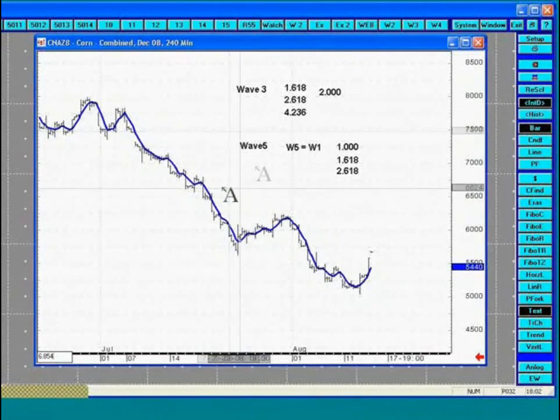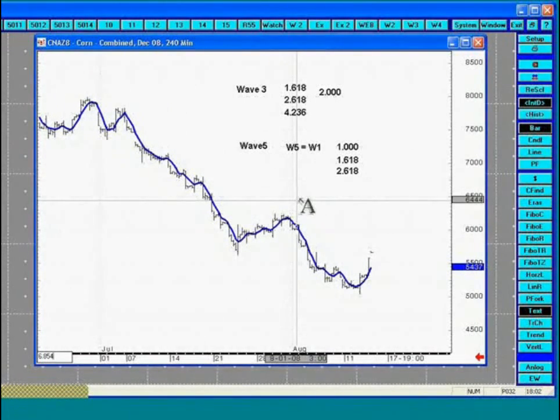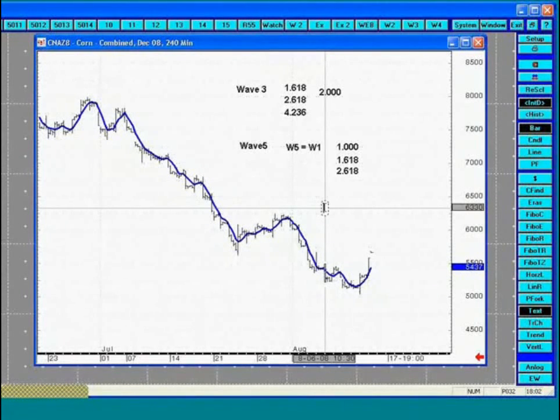But we also utilize waves 1 through 3 on occasion to identify fifth waves, especially when the fifth wave is extended, and that is often the case in commodities. But what we tend to do is look at 0.618 times waves 1 through 3.